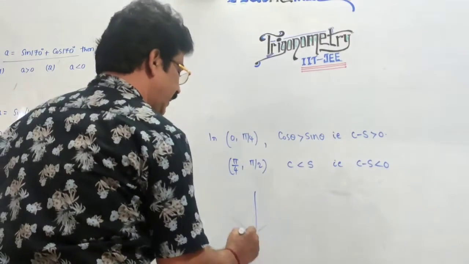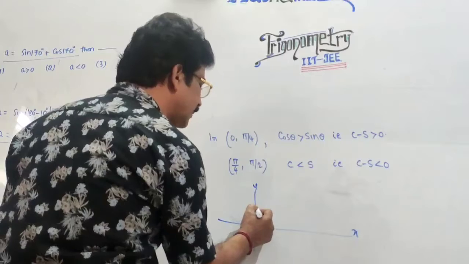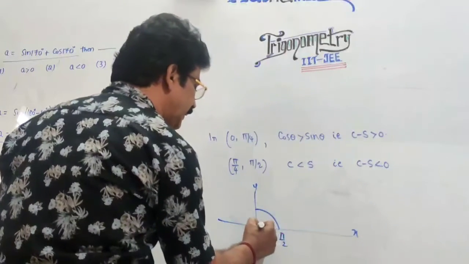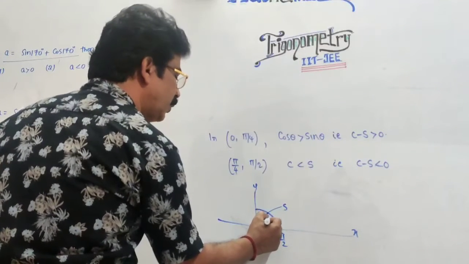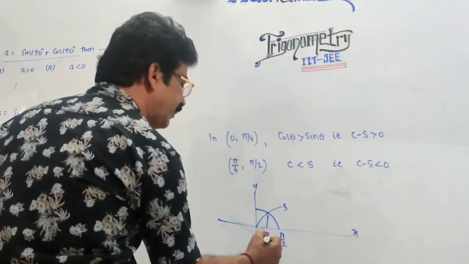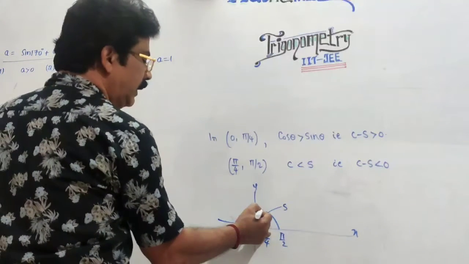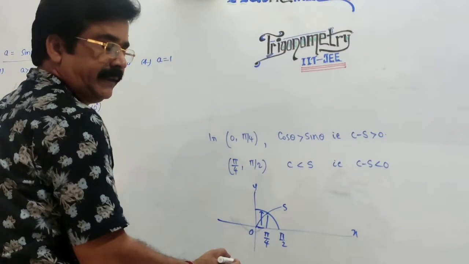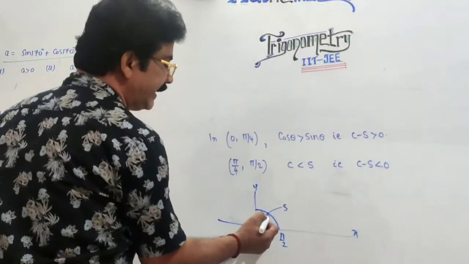How? One minute, I will show roughly. It is the cos theta curve up to pi by 2. Next, the sine curve will be like that. It is the sine curve. So the first meeting point is pi by 4. Therefore from 0 to pi by 4, cos has the greatest value, cos is greater than sin x.